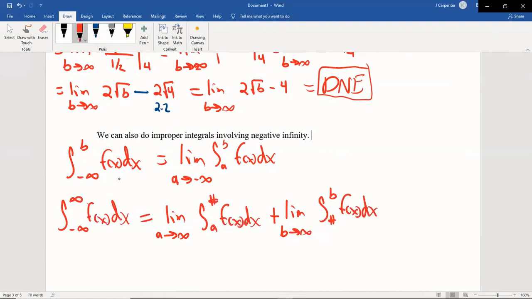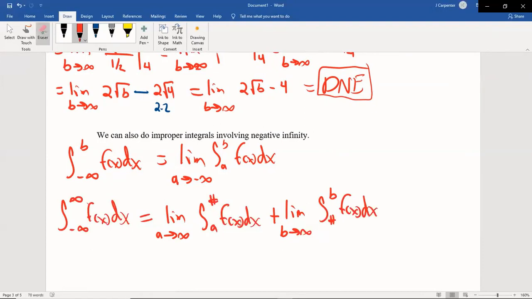It's usually 0. So first of all, you would probably need to split this up into 2 limits because of that, because there'd be a vertical asymptote somewhere. Second of all, you have to set this up into 2 integrals because of the unique limit situation of which I have an error on.